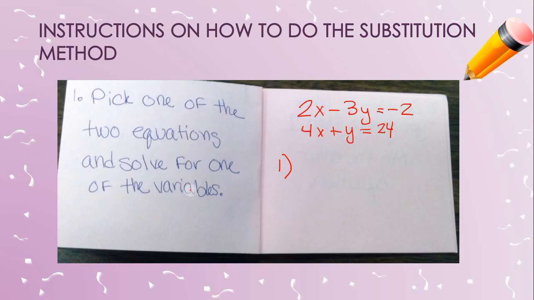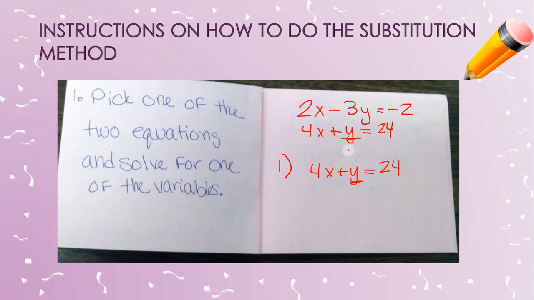I always like to find the equation that has a variable that is alone, that way it doesn't have a number there. It's a lot easier to solve for. I notice in the second one here, I have a y without a number in front. So I'm going to solve for y in this equation.